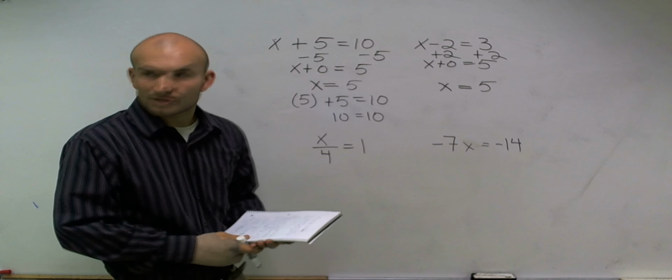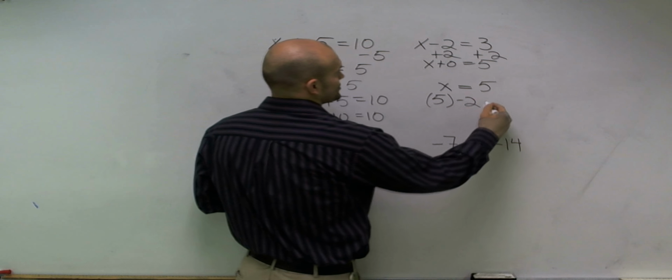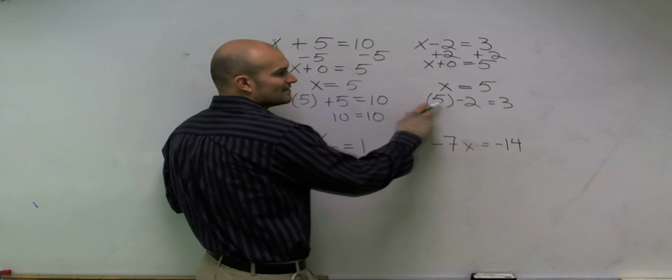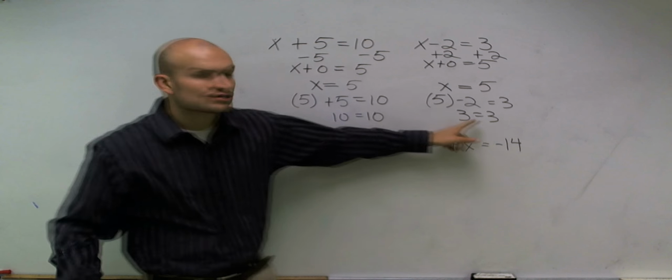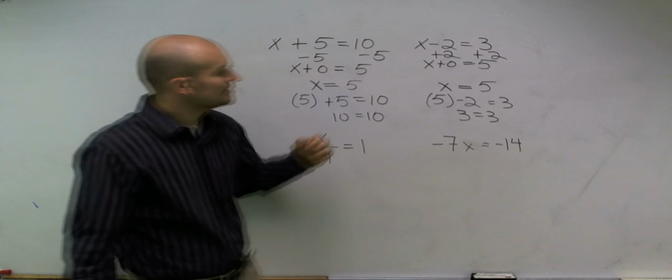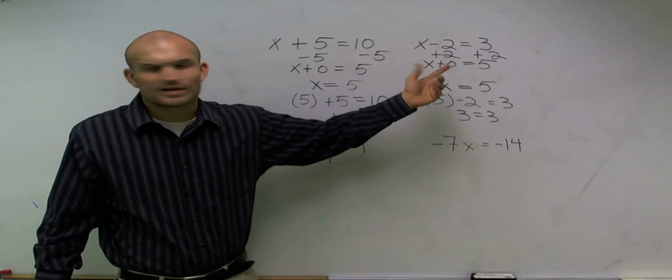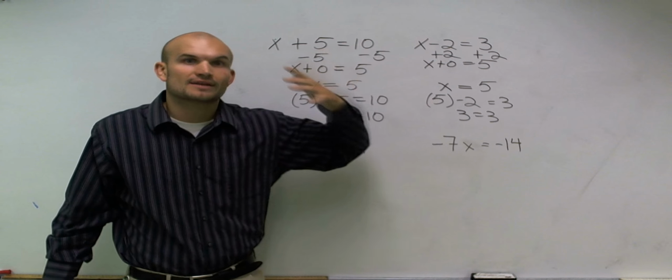So now let's go and check our work, see if that works. If I plug in a 5 for x, 5 minus 2 is obviously 3, so 3 equals 3. Now, that is a true statement, so therefore our two sides are equal to each other. And again, you could also say it in your head, just double check it. What number minus 2 equals 3? Well, you think in your head, yes, that's going to equal 5.